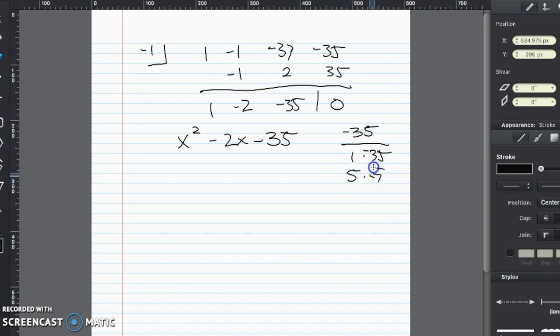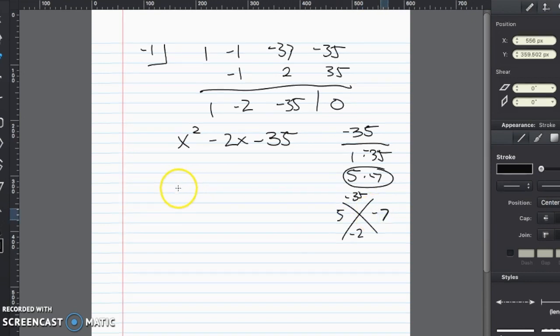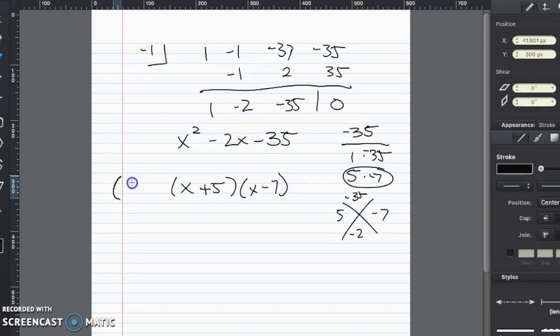But this pair does work. If you don't remember, we draw a little x here, -35 on top, -2 on the bottom. I have a +5 and -7. So my factors are x plus 5, x minus 7, and this term that I had before, x plus 1.